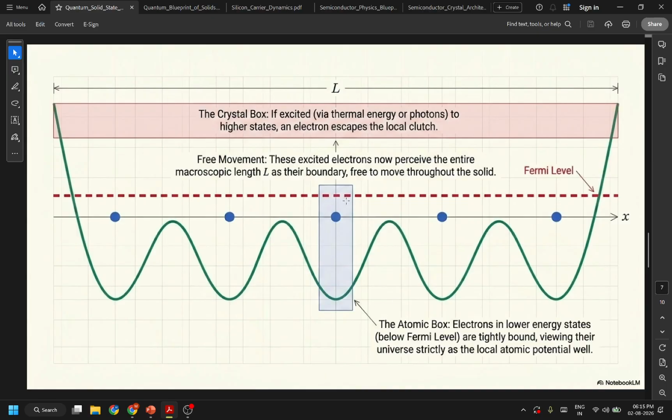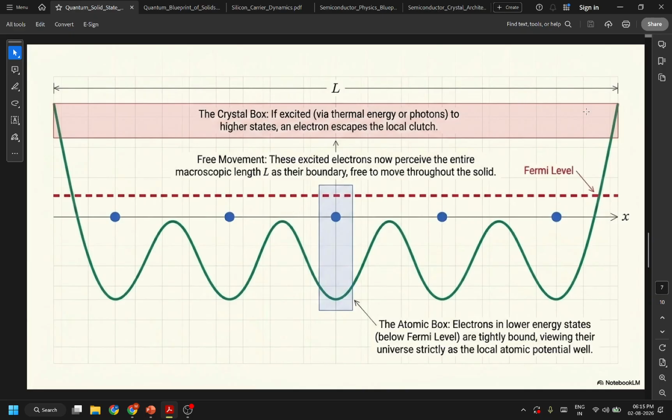So this can be considered as an atomic box, where electrons in lower energy states below Fermi level are tightly bound, viewing their universe strictly as a local atomic potential well, like this.